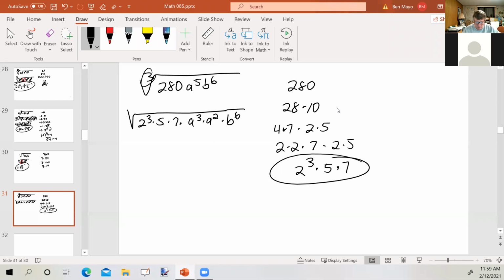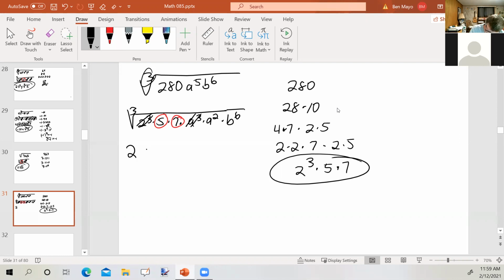Okay, oh, I left out my index. Bad, bad. What's the cube root of 2 cubed? Wouldn't it just be 2 on the outside? Exactly. This isn't going anywhere. This isn't going anywhere. What's the cube root of a cubed?